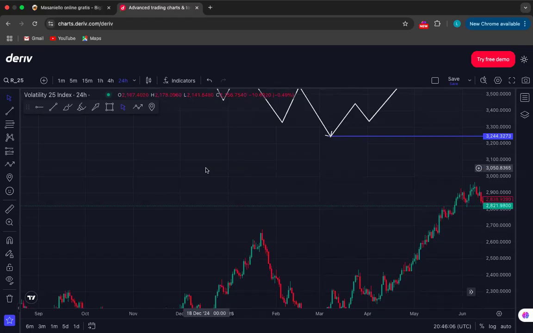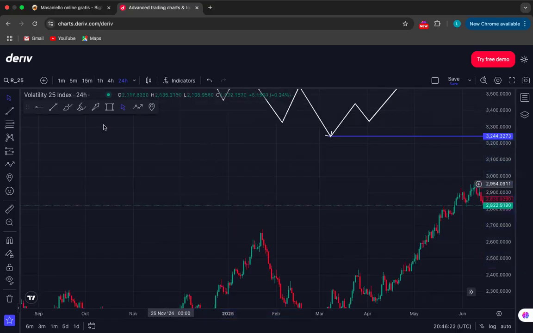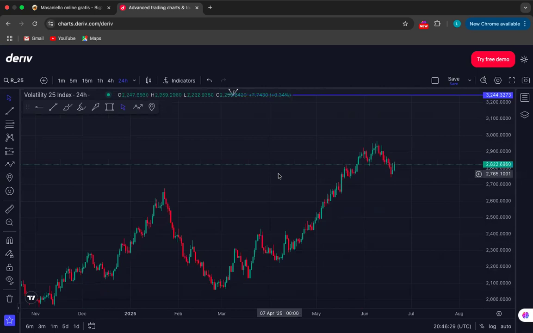You have to follow what is happening on the larger time frame, then bring it down. You cannot just open a fresh chart and go to a 15-minute time frame and start looking for all those kinds of things that happen on the smaller time frame. I want to look for an example of that.